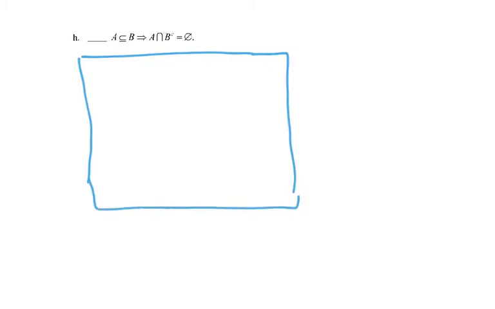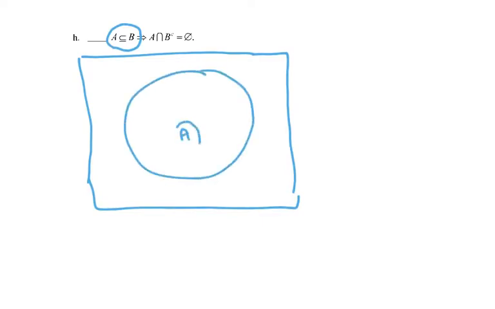All right, I think we have one more to look at. Let's draw a picture. So what has our picture got to be? Where again, we have A as a subset of B. And now we want to know, is this true?